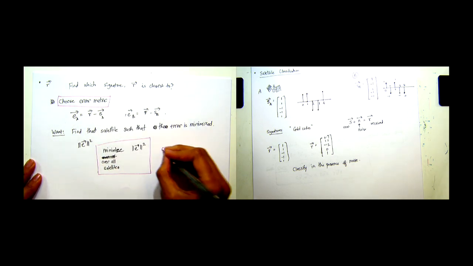So here, now you have done two things that are commonly done in developing any machine learning algorithm. First, you chose an error metric. Now what you're doing is you're writing an optimization problem over that error metric.